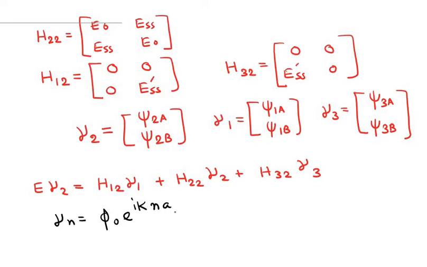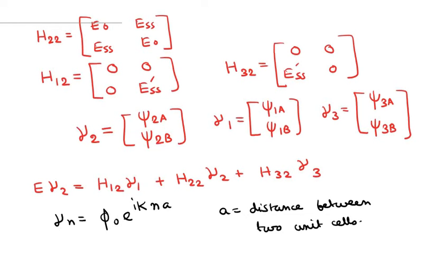So I will write it here: a is the distance between two unit cells.